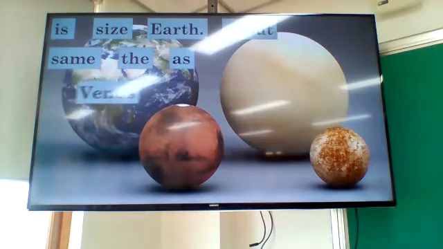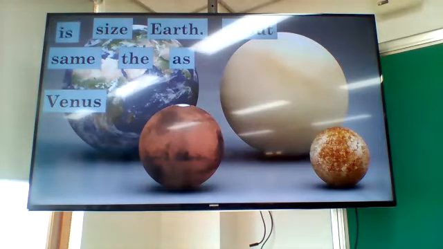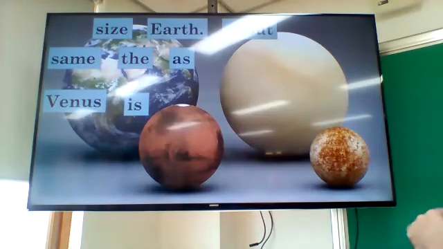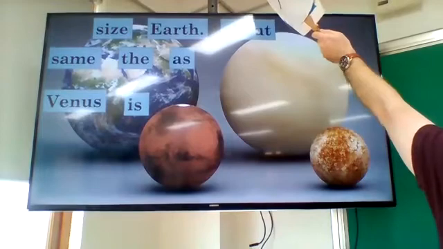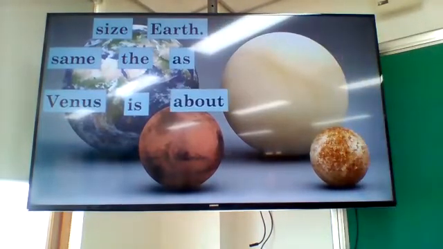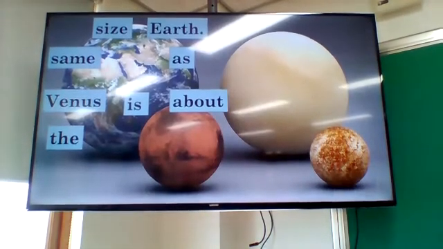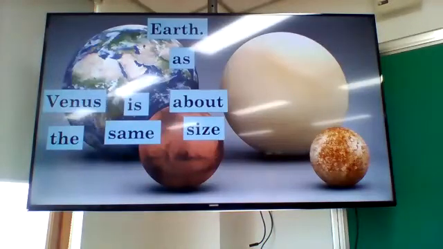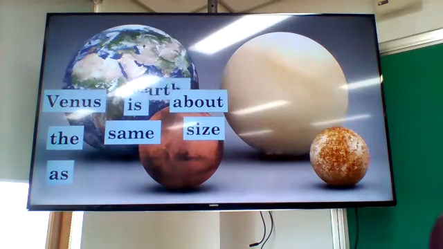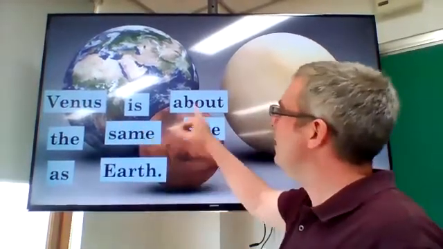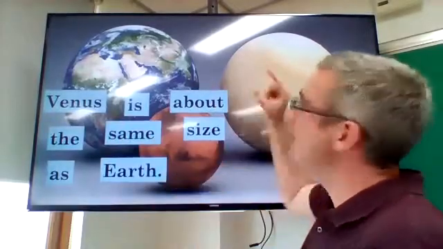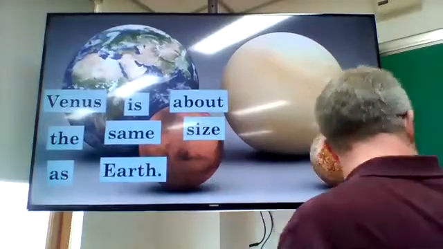Venus is about the same size as Earth. Perfect. Venus is a little smaller, but almost the same.